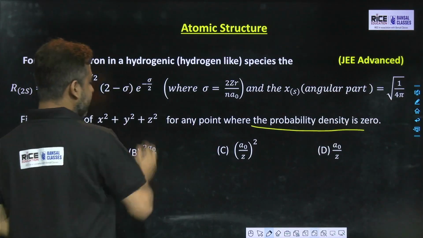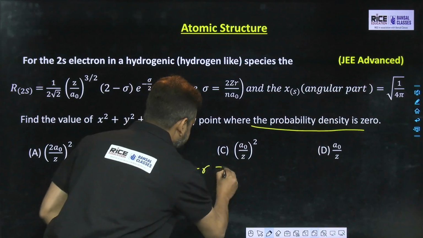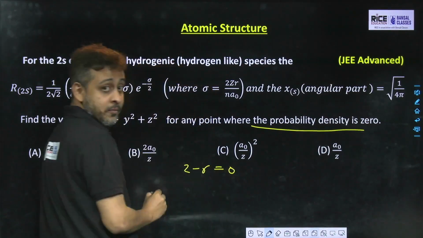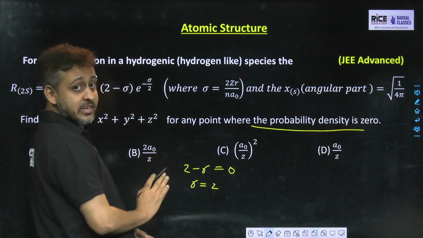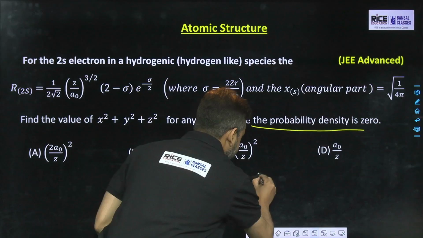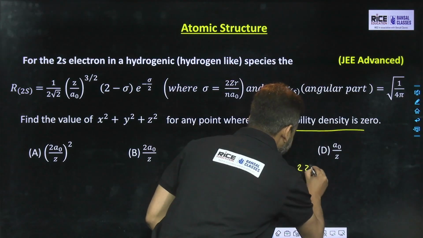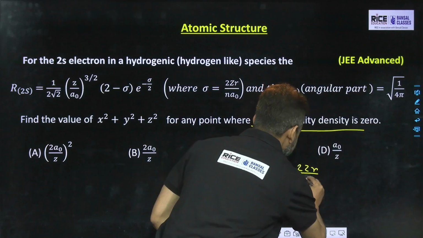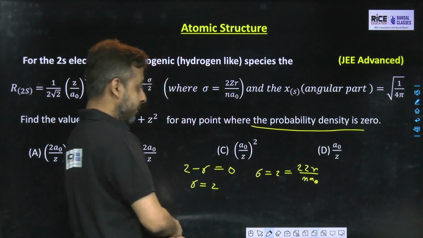So from this equation we can easily take 2 minus sigma equal to 0. So sigma equals 2, and the value of sigma is given as 2Zr by n a naught.